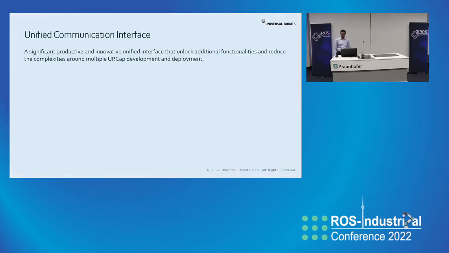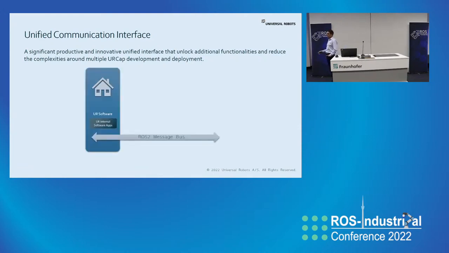Going forward, we decided that it would be nice to use ROS as the unified communication interface. The way we want to integrate it is that our software runs something called URScript, which is controlling the robot motion and interacting with external equipment.